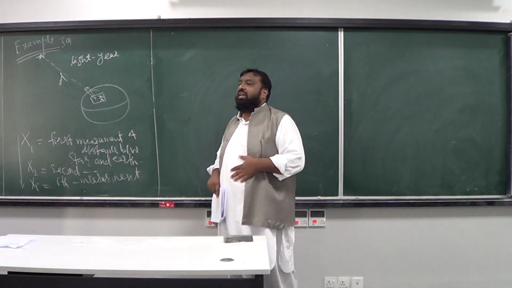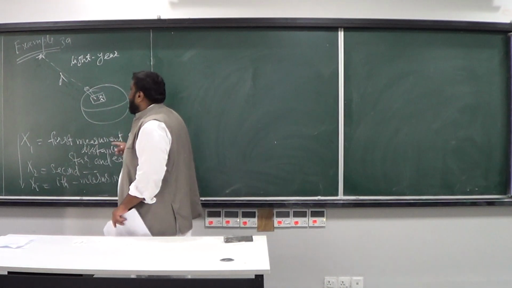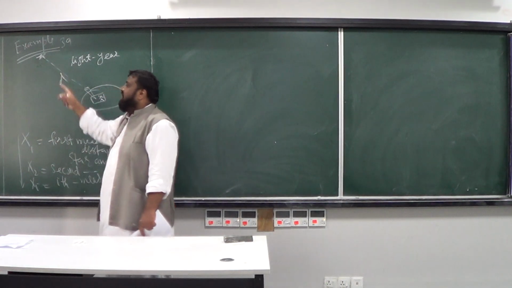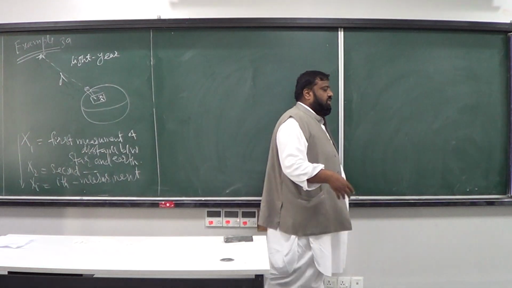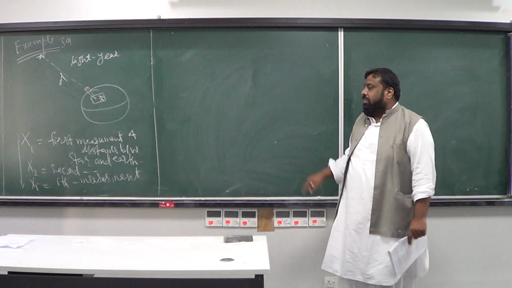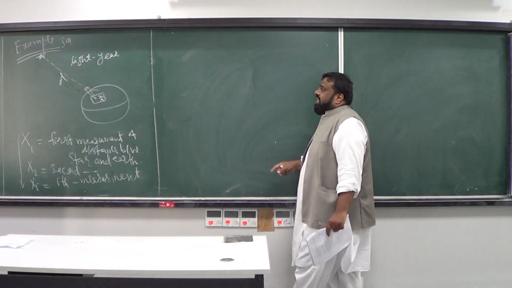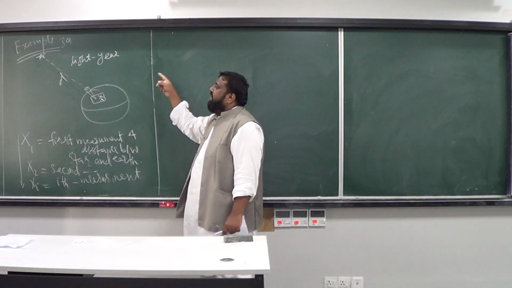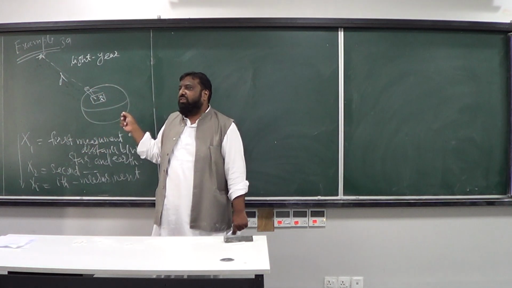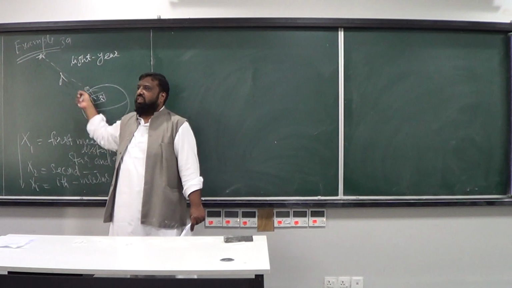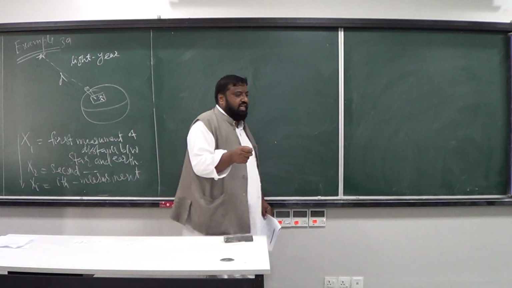A good number of times when he makes an observation and tries to compute the distance between the star and the planet, there are some atmospheric things around the Earth that distort the observation and produce an error.